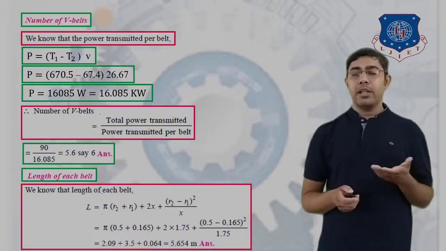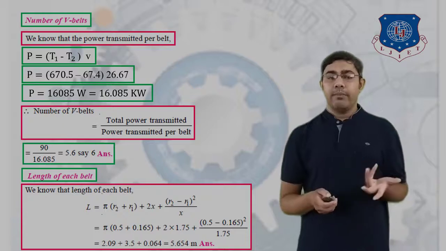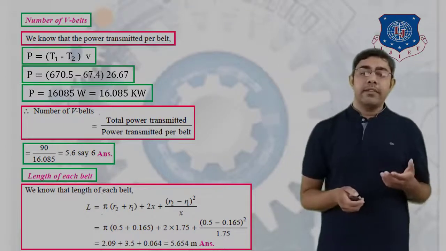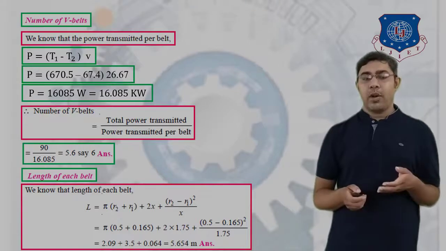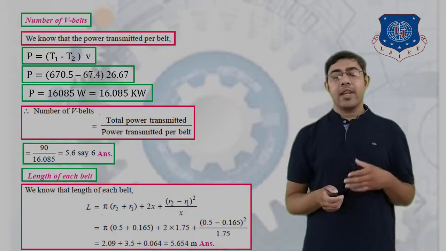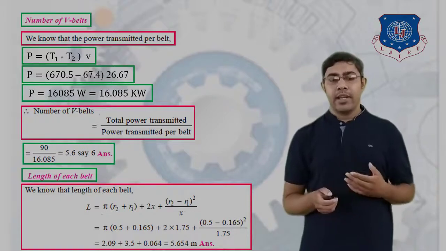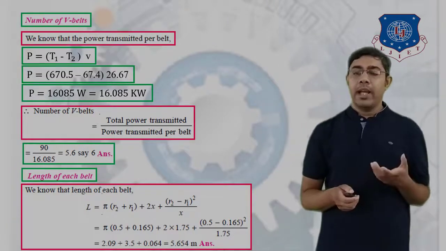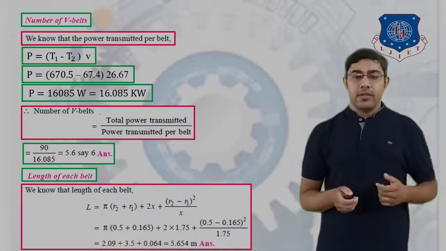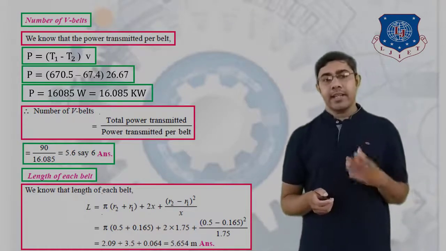So all these values we have. So we place R2 is equal to 0.5, R1 is equal to 0.165, and x is 1.75. So we get the length of belt is equal to 5.654 meter. So this is our second answer.